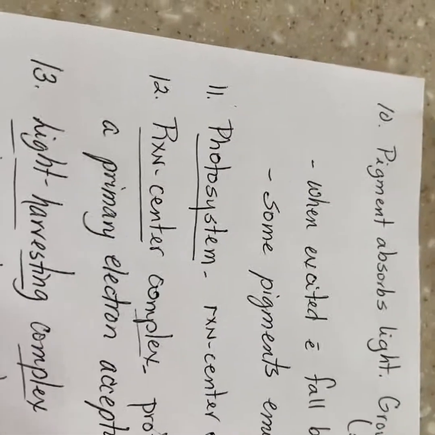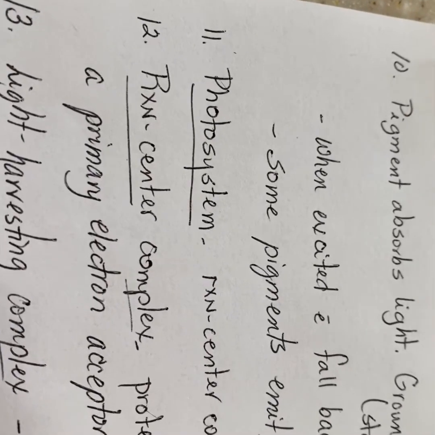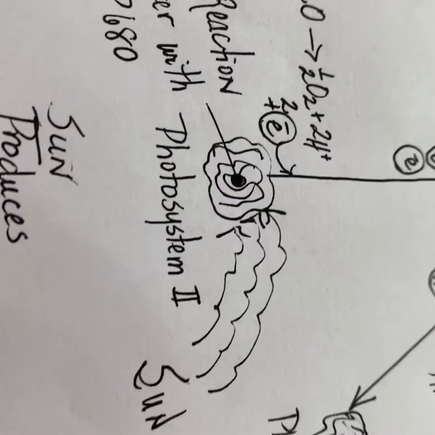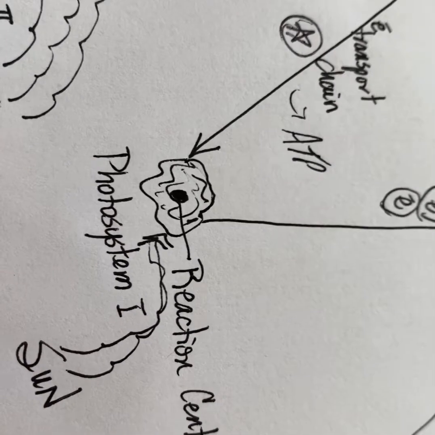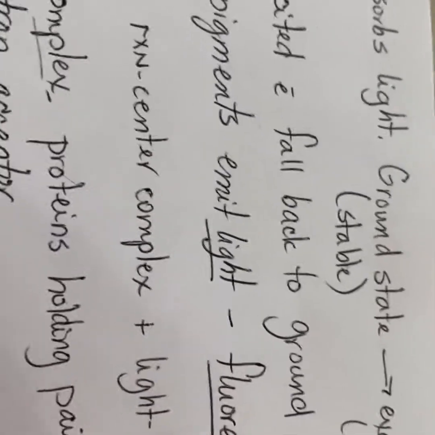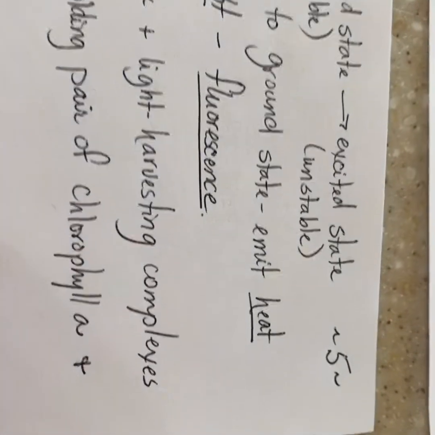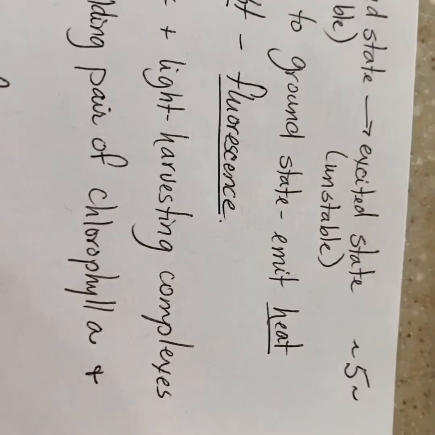Now let's talk a little bit more about what a photosystem is. Remember, up here in the light-dependent reactions, we saw photosystem 2 and photosystem 1. The photosystem is a reaction center complex plus what we call light harvesting complexes.